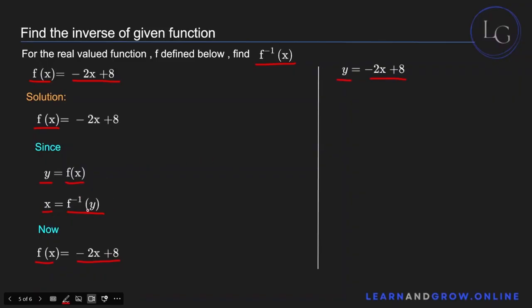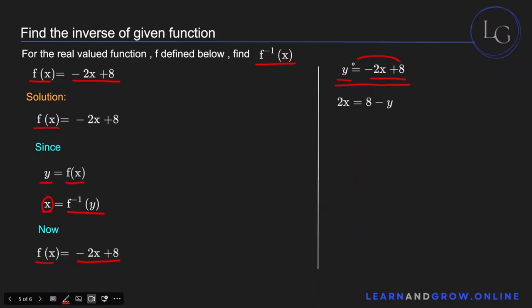But we need to find f inverse of y. So let's separate. f inverse of y is equal to x. So we need to separate the x in this equation to find f inverse of y. So you isolate x.